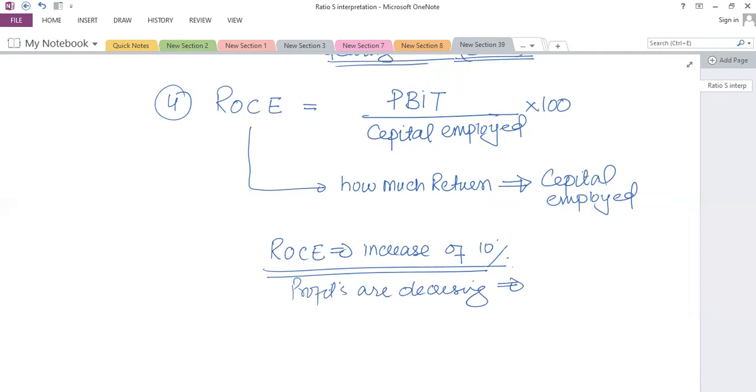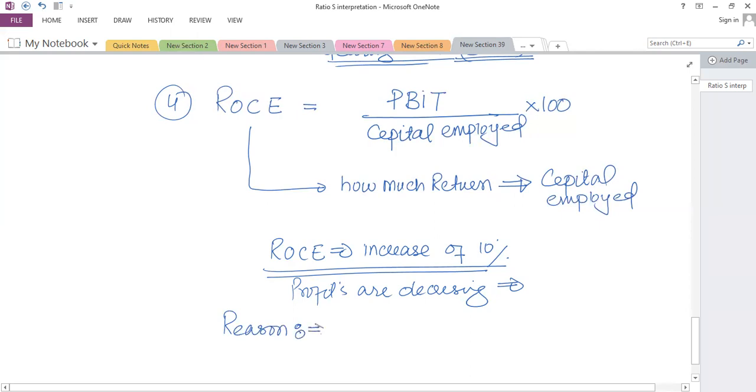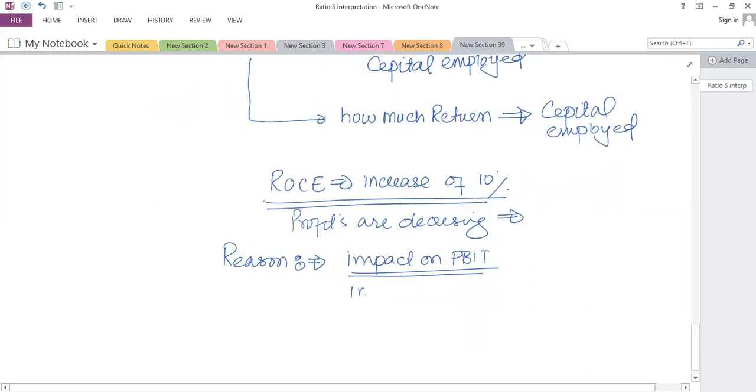Now you have to see why there is an increase, because the reason might be a change in return on capital employed, obvious from the formula. One is the impact on PBIT. This is a genuine reason, impact on PBIT. Another might be impact on capital employed. So if capital employed has changed, due to which there is a change in my ratio.